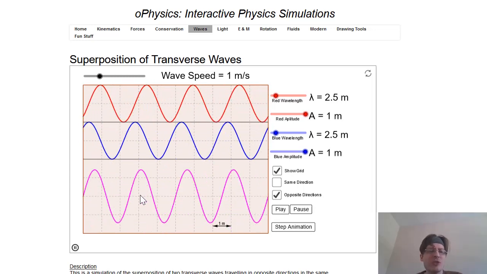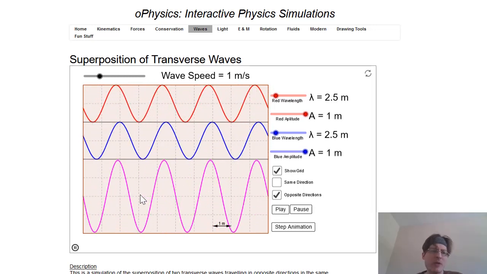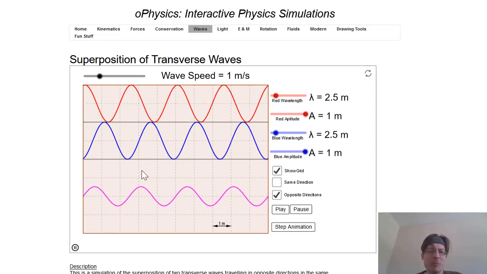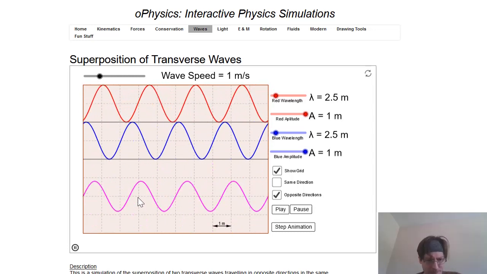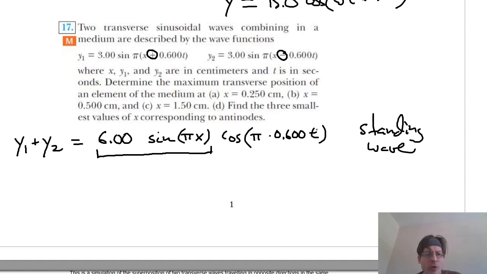We call those locations antinodes, where you get the greatest possible amplitude when the waves combine. So in other words, there's a new feature here, which is that the standing wave has an amplitude which is a function of x. The amplitude as a function of x is 6.00 times sine pi x.